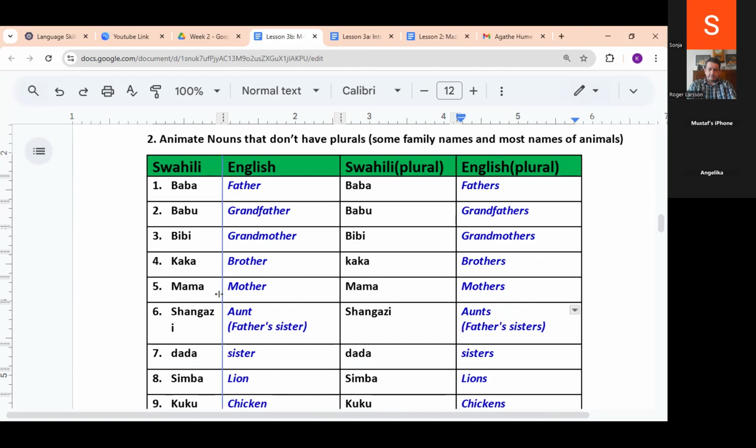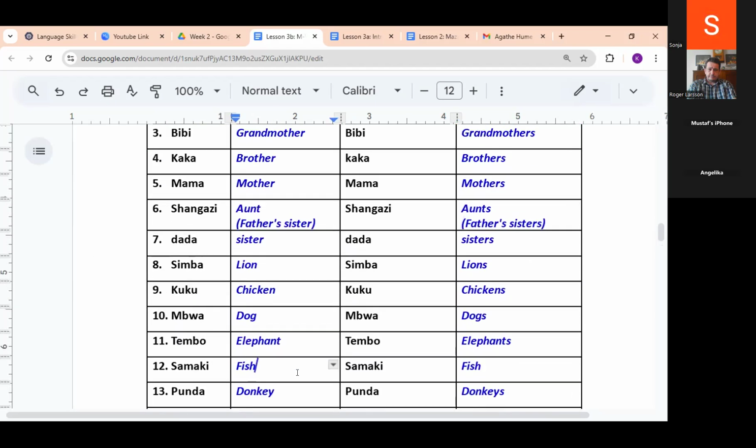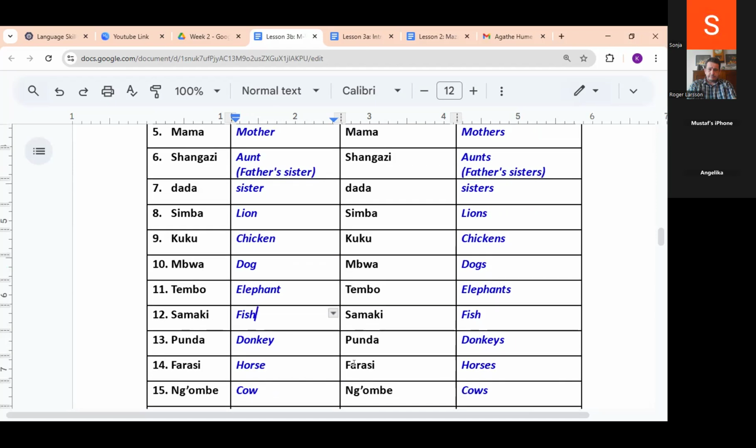Sawa, endelea kaka Roja na kaka Mustaf, 7 to 12. Dada, simba, kuku, mbwa, tembo, samaki, punda.